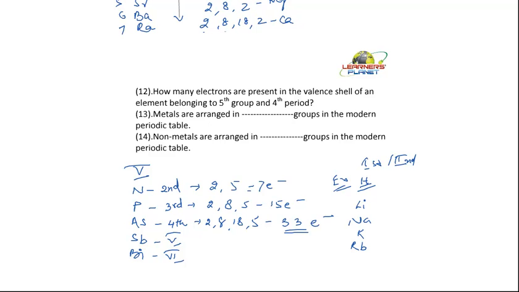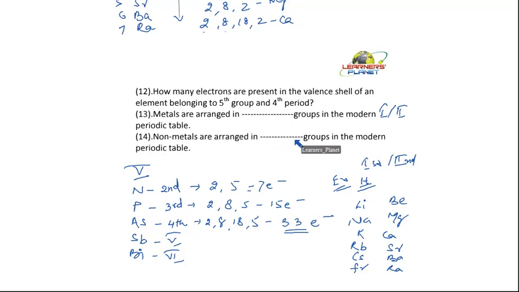Then there are lithium, sodium, potassium, rubidium, cesium and francium. In the second group, there are beryllium, magnesium, calcium, strontium, barium and radium. So where are the metals arranged? They are arranged in the first and the second group. Right? So the answer would be first and the second.